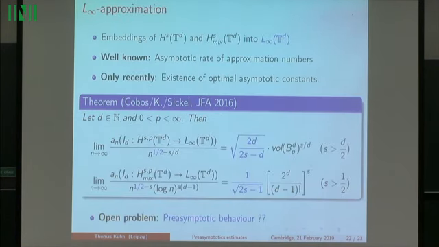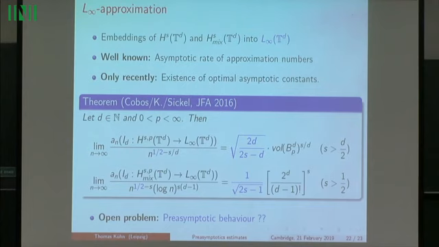Finally, I will give a few remarks on L-infinity approximation. Of course, we can also consider embeddings of these spaces into L-infinity. What is well known is again the asymptotic rate of approximation numbers.